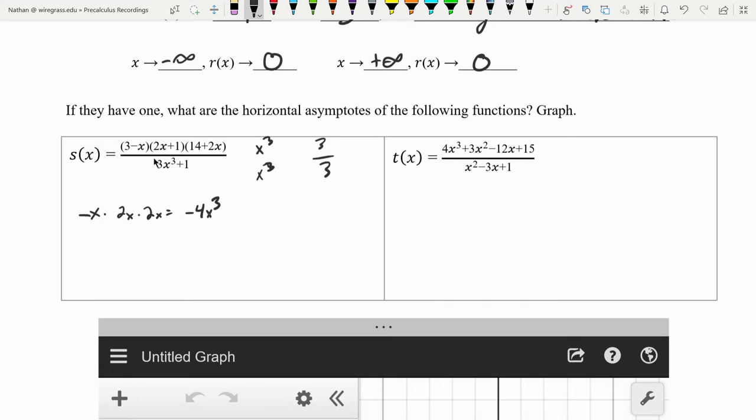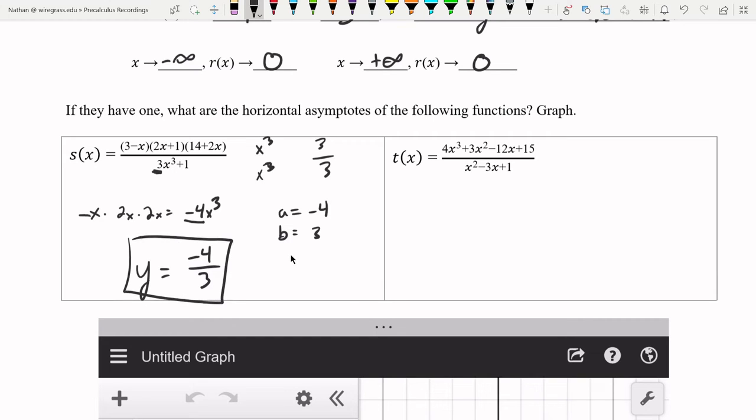In the bottom we have 3x cubed. So a equals negative 4, b equals 3. Those are the leading coefficients, from the numerator and the denominator. So y equals negative 4 over 3 is the horizontal asymptote.